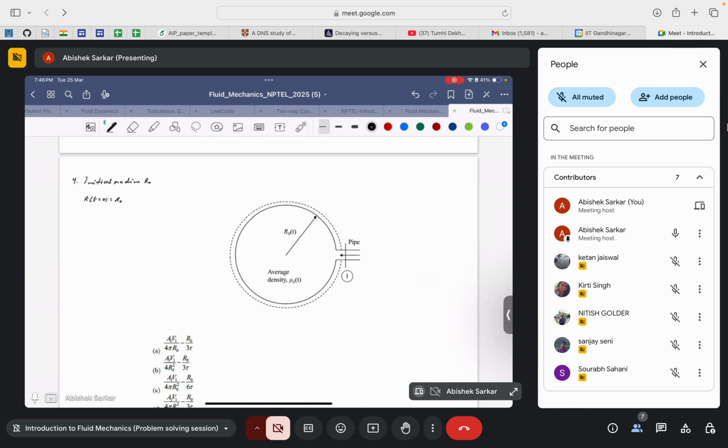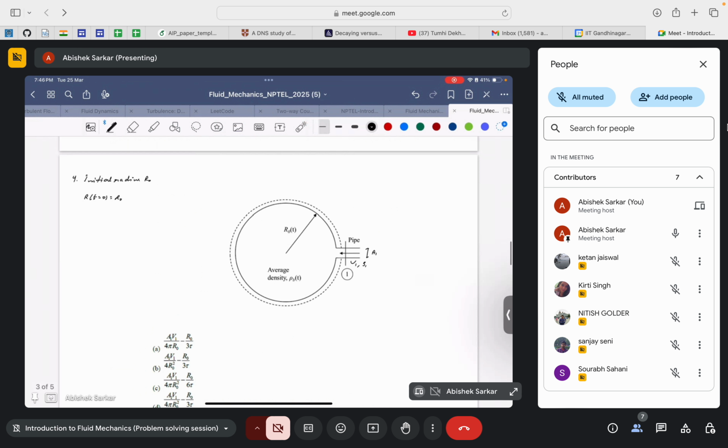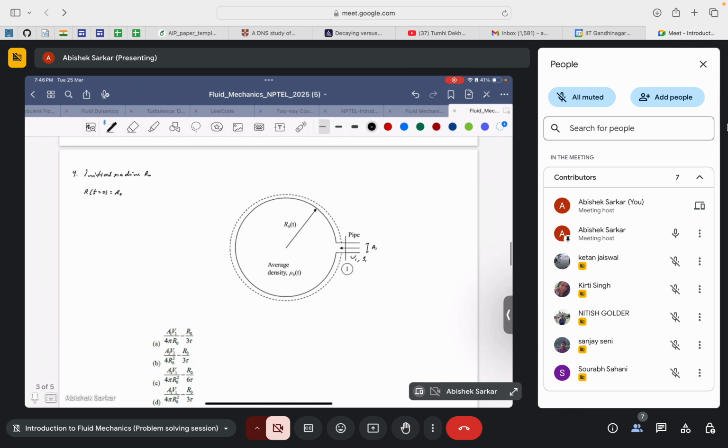Okay, so the area of this section is A1, and there is a uniform velocity V1 through this particular inlet and fluid density rho1. Okay, so all these terms are given here. And this is the initial density, of course, as the air is being pumped with the initial density rho1. That will imply that rho of air within the balloon at time t equal to 0 is rho1.